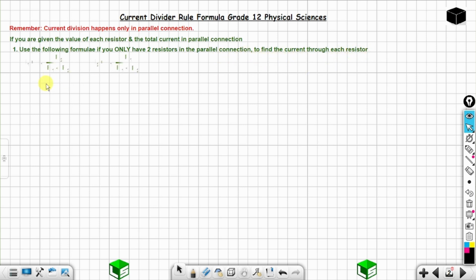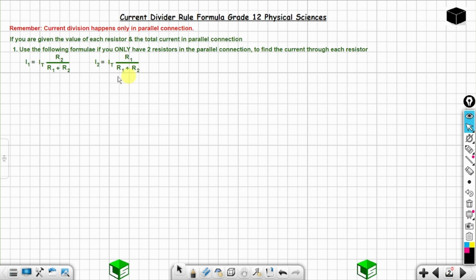You can use this formula or this formula only if you have 2 resistors in the parallel connection. To find I1, the current through resistor R1, you have this formula. To find the current through resistor R2, you have this.